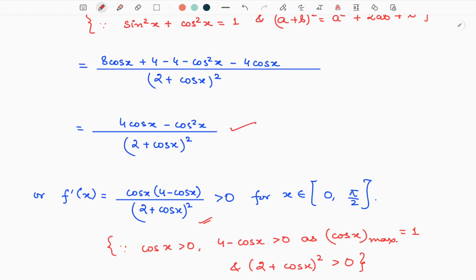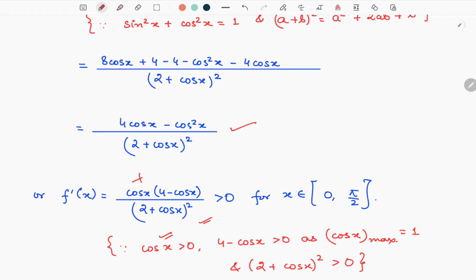And this expression is greater than 0, because in the interval 0 to pi by 2, cos x will be positive, because this is the first quadrant. In the first quadrant cos x is positive everywhere, and cos x's maximum value is 1. So if we subtract 1 from 4, we will get positive only, and the square of anything is positive.